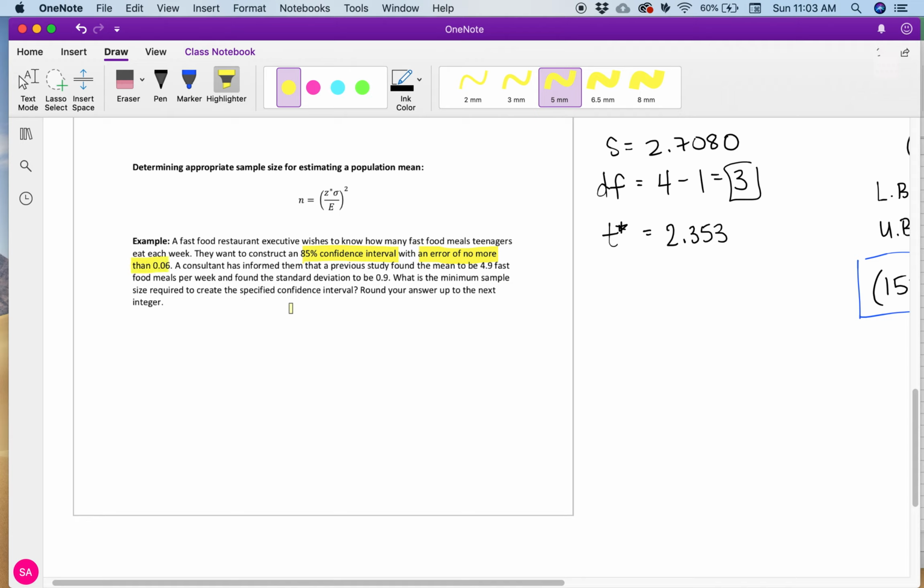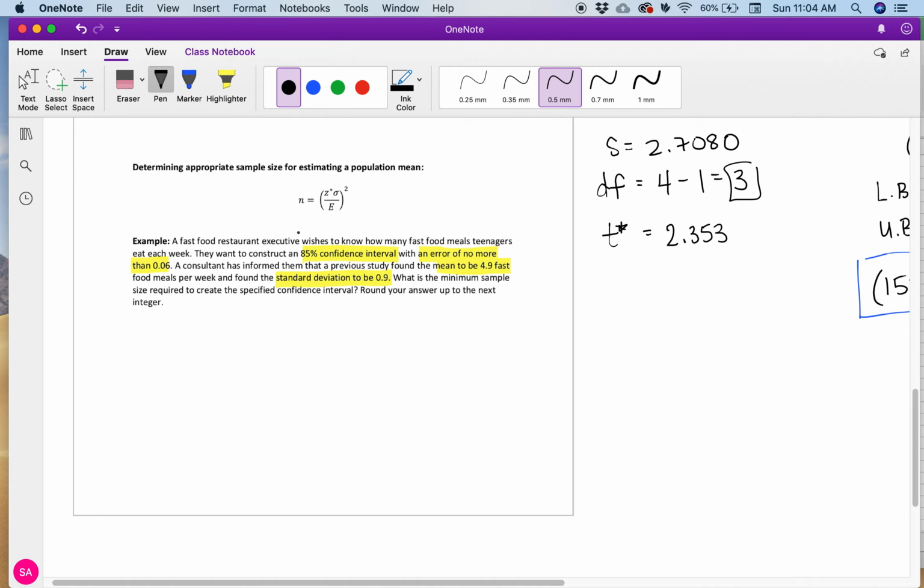A consultant has informed them that a previous study found the mean to be 4.9 fast food meals per week and found the standard deviation to be 0.9. What is the minimum sample size required to create the specified confidence interval? Round your answer up to the next integer.